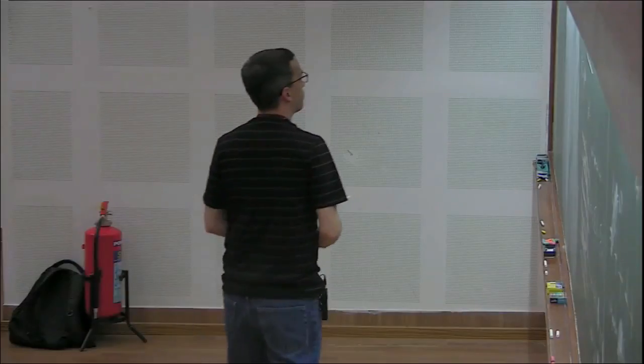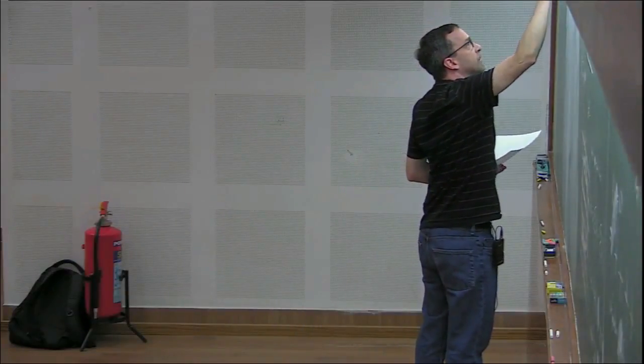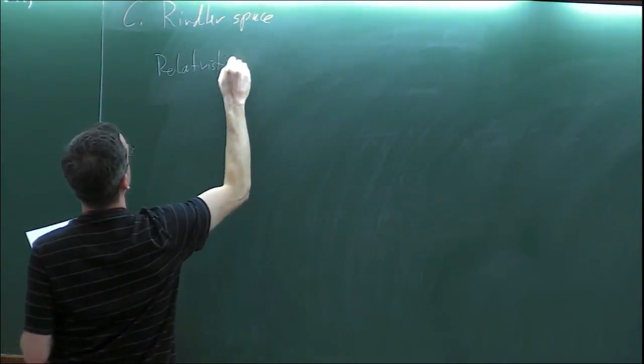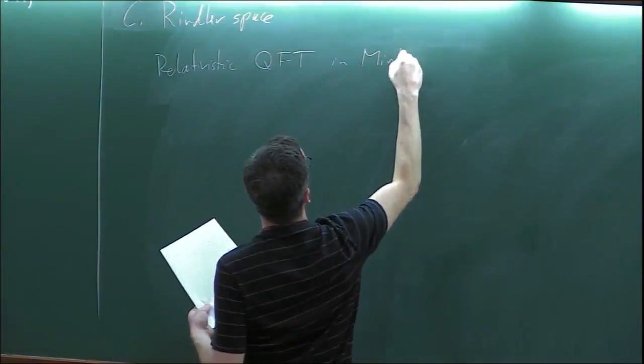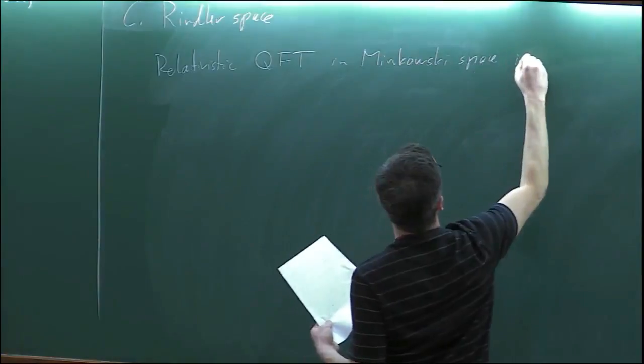This goes by the name Rindler space. I'll define what Rindler space is in a second. I'm just going to assume we have a relativistic QFT in Minkowski space in the ground state.